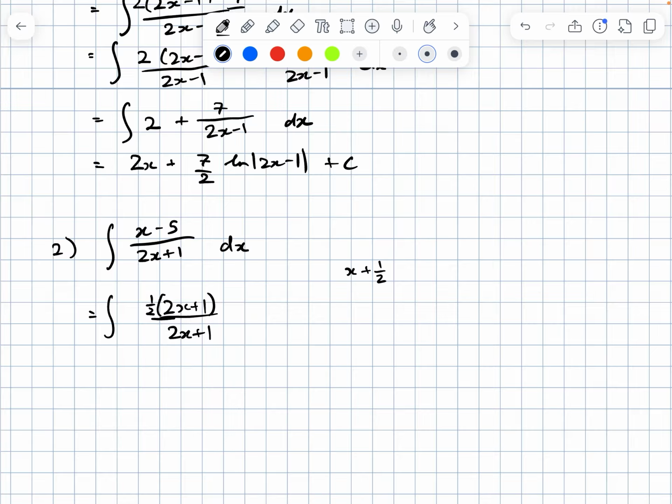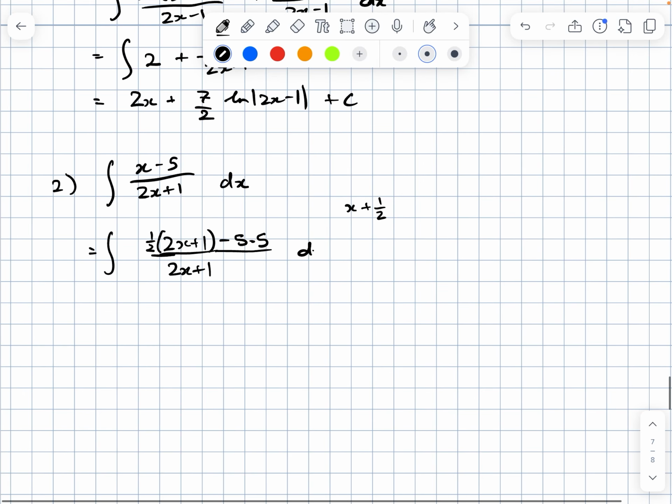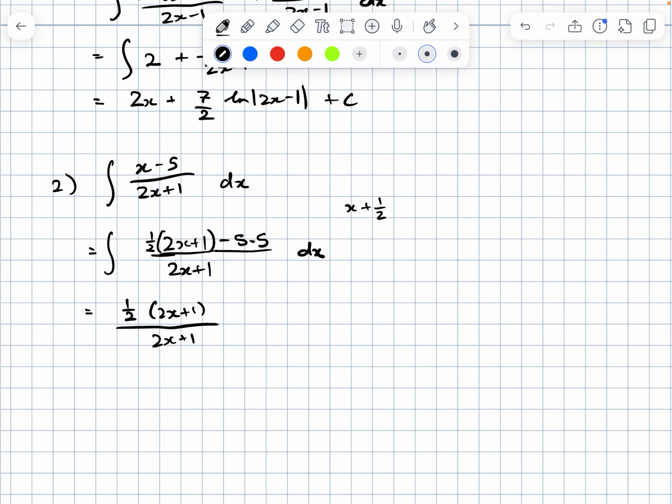We need it to be x minus 5, which means we need to subtract 5 and a half off that to get minus 5. We can now split that up. That gives us half 2x plus 1 over 2x plus 1 minus 5.5 over 2x plus 1.